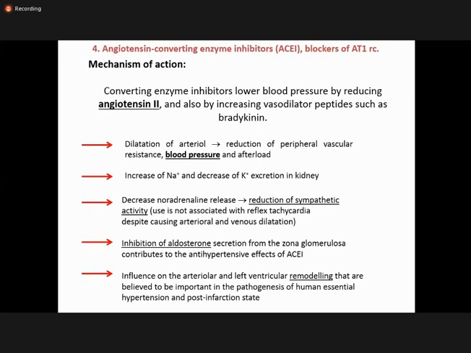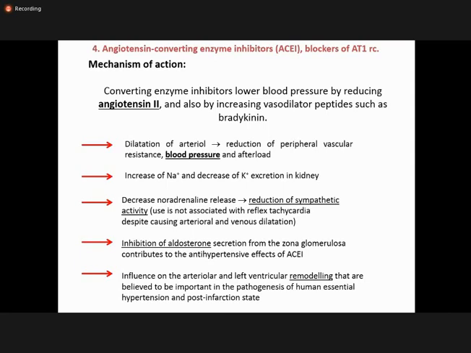Inhibition of aldosterone secretion. So very important group. The general mechanism: when we inhibit the activity of aldosterone, we can prevent salt and water retention, so we can reduce the fluid volume, so we can reduce the blood pressure.